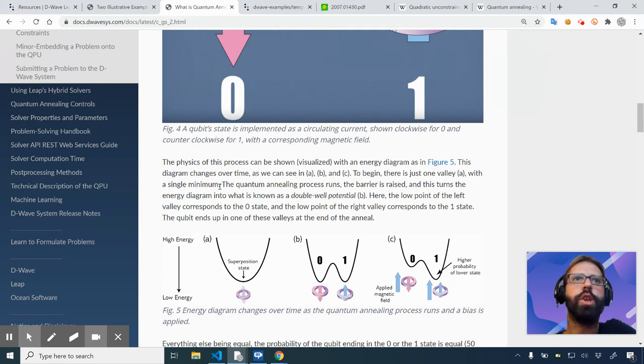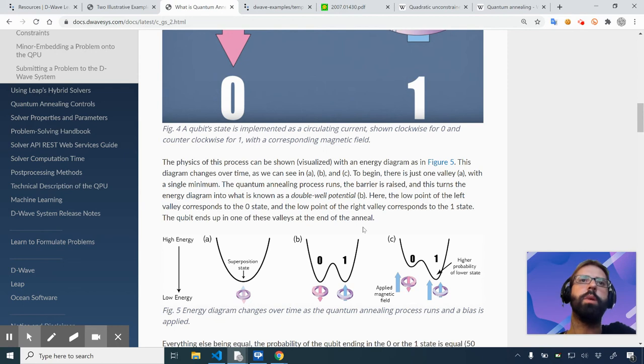The physics of this process can be visualized with an energy diagram, as in figure 5. This diagram changes over time, as we can see in A, B, and C. To begin, there's just one valley, A, with a single minimum. The quantum annealing process runs, the barrier is raised, and this turns the energy diagram into what is known as a double well potential. Here, the low point of the left valley corresponds to the 0 state, and the low point of the right valley corresponds to the 1 state.